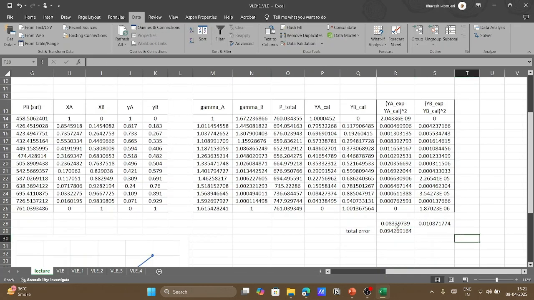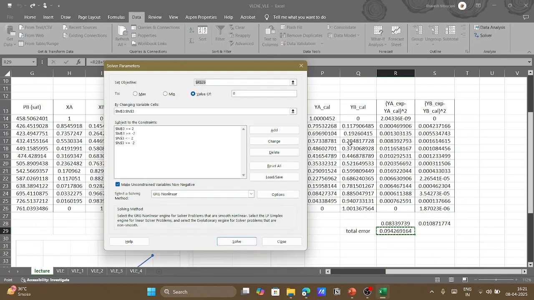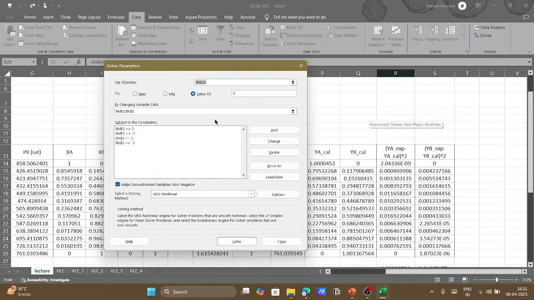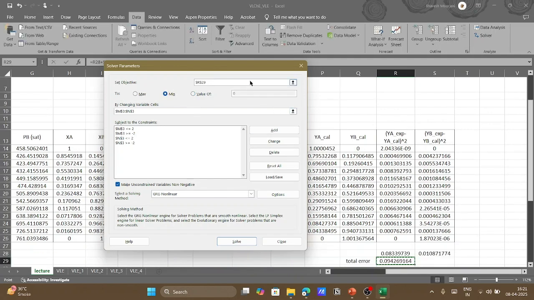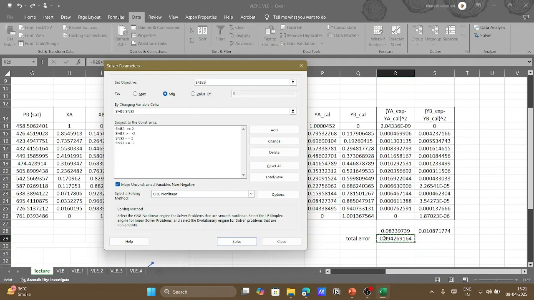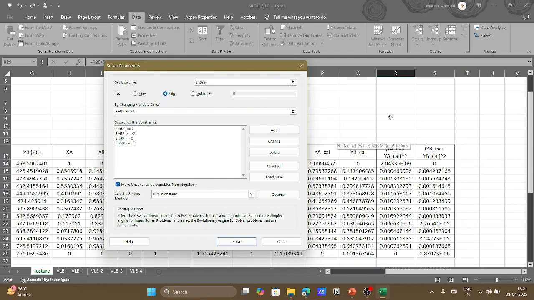So once you do that, then use this Solver to minimize the error. So here my target cell or objective cell is total error. We want to minimize it by changing the variables.